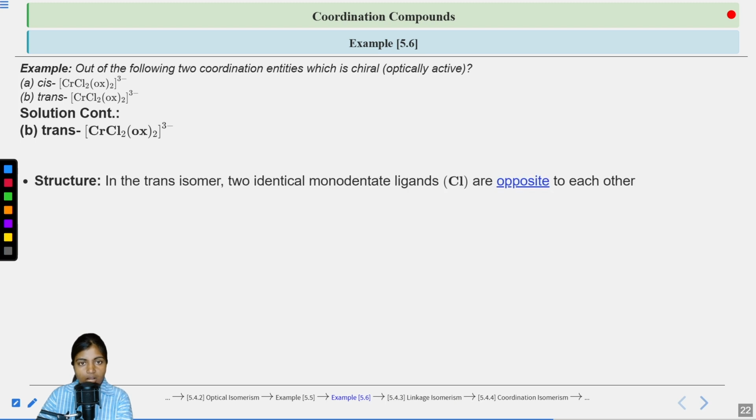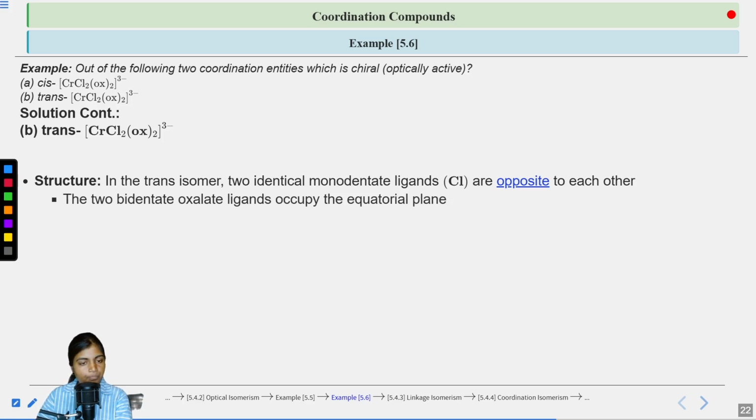Let's see the trans isomer of [Cr(Cl)2(ox)2]3-. If you talk about its structure, in this trans isomer, the two identical monodentate chlorine ligands are going to be present opposite to each other, and the two bidentate oxalate ligands occupy the equatorial plane, the remaining sites.